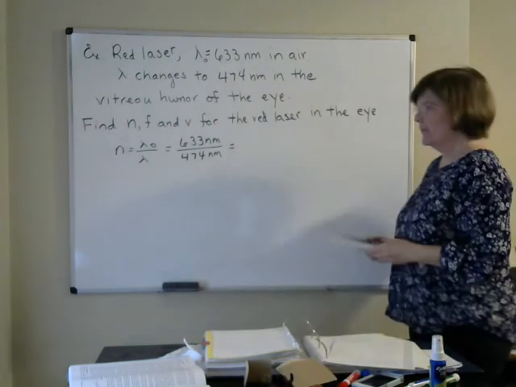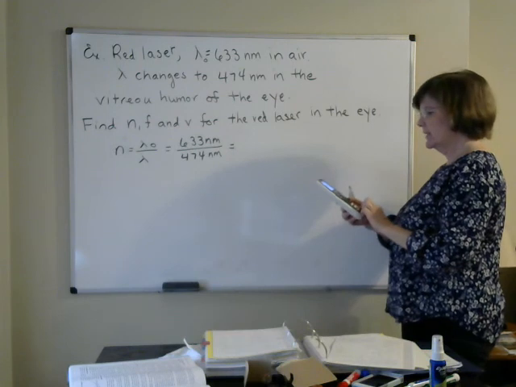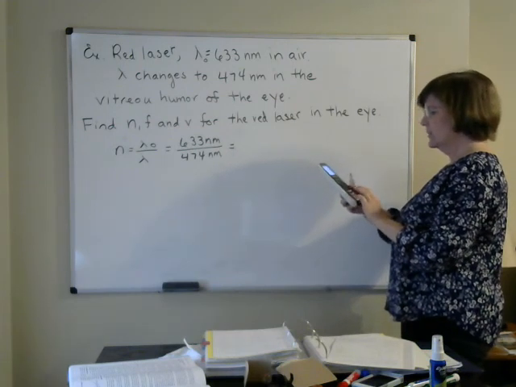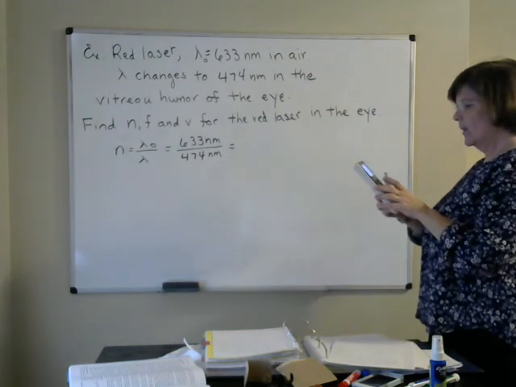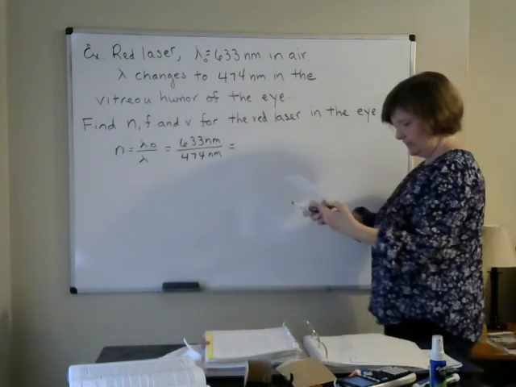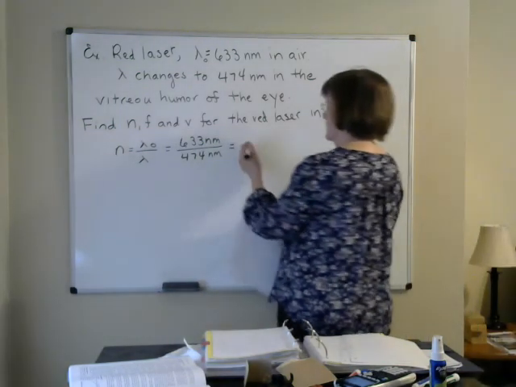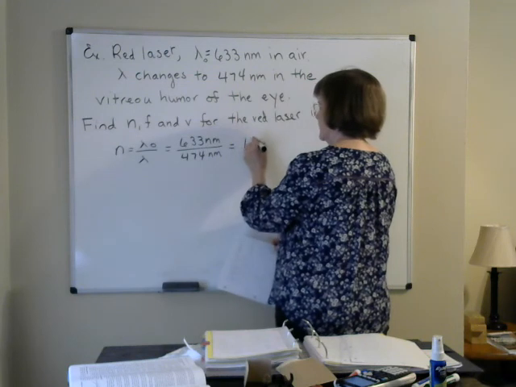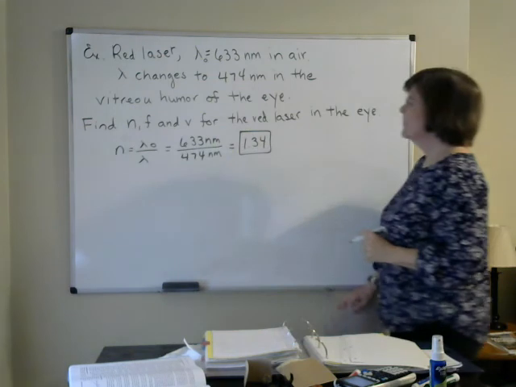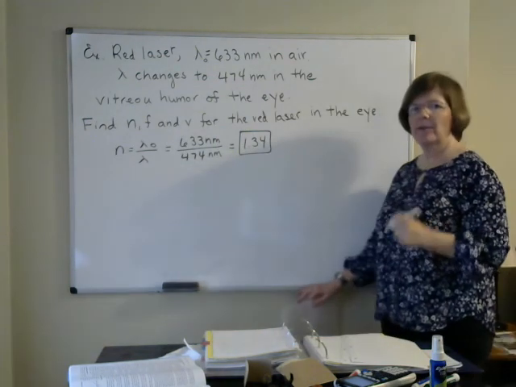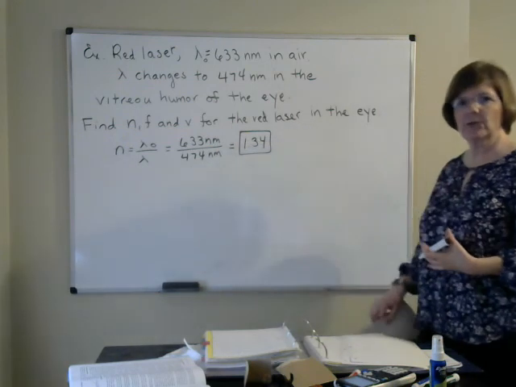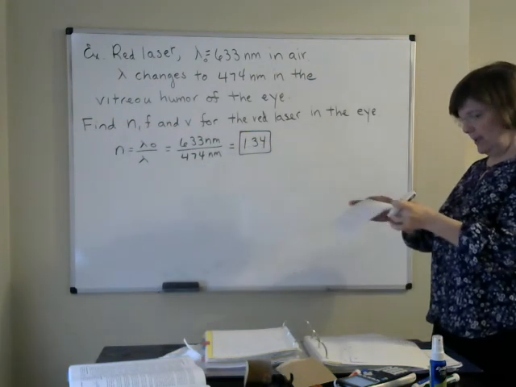The index of refraction is a unitless quantity. So 633 divided by 474 comes out to be about 1.34. So obviously the vitreous humor has an index of refraction very close to that of pure water, so obviously its main constituent is in fact water.